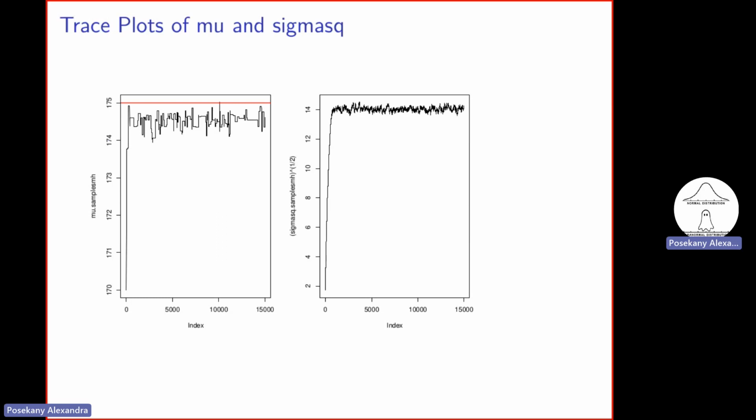thinning exists. Thinning means we do not write out every single value, but we only keep every fifth or every 10th value. What happens then, because Markov chains have this one step backward dependence, if I keep every 10th value only, I'm breaking this dependence.